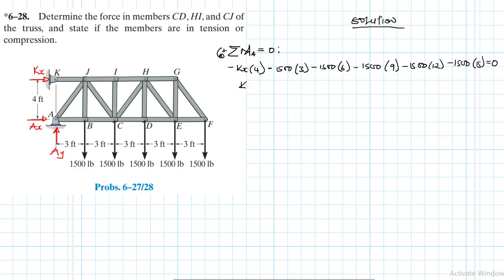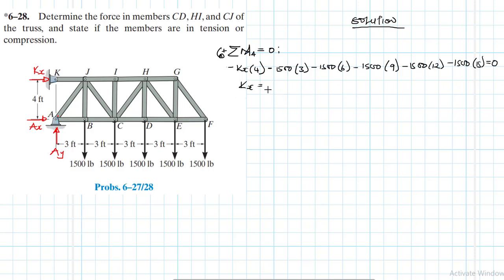Therefore, our KX is going to be equal to, grab your calculator and do the calculation. So there we go, 1,500 by 3, 1,500 by 6, 1,500 by 9, 1,500 by 12, and 1,500 by 15. Great. Divided by 4.